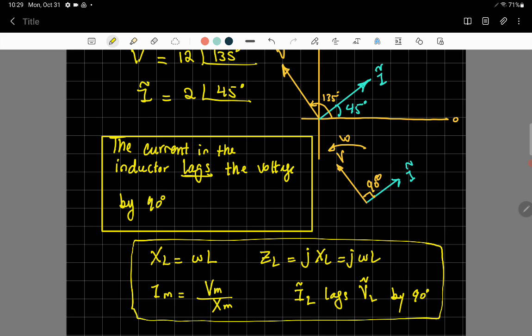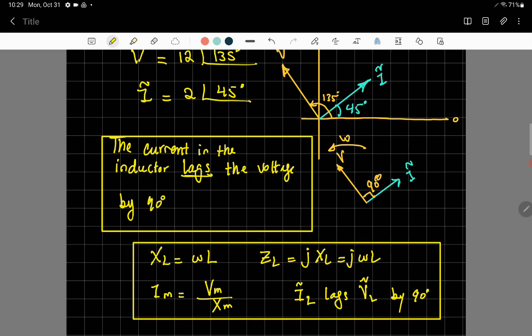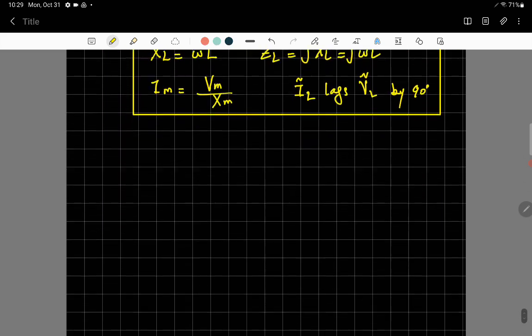Great. So let's now explain the capacitor.